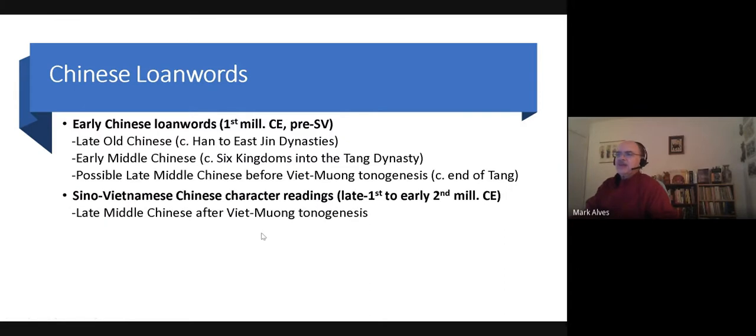The Sino-Vietnamese character readings are from the late first to the early second millennium, and I'm not concerned about those so much. Those are the things you can find in a dictionary. These are the ones you can't find in a dictionary. Those are not Chinese character readings. So for đũa, chopsticks, you won't see đũa listed with that Chinese character. But if you check in here, you will.